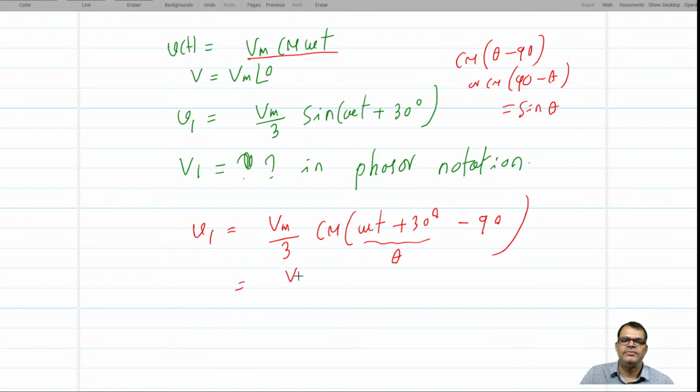The properties of trigonometry should be thorough. That is a task for you: please revise these trigonometric conversions from any standard intermediate book. So cos(omega t minus 60 degree). So your V1 is Vm upon 3 angle minus 60 degree.